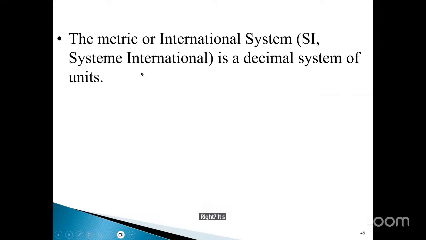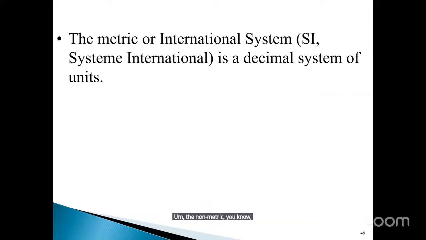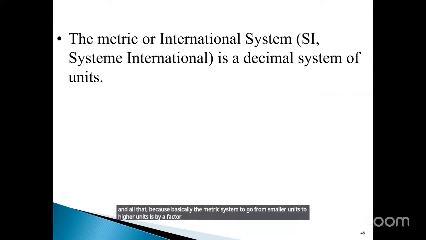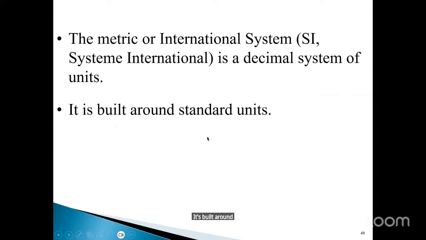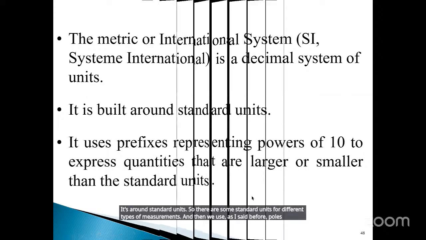It's a decimal system of units, and it's more convenient than the non-metric system, going from pounds to ounces and all that, because in the metric system, to go from smaller units to higher units is by a factor of 10 stepwise, right? So it's built around standard units. There are standard units for different types of measurements, and then we use powers of 10 to get larger or smaller.